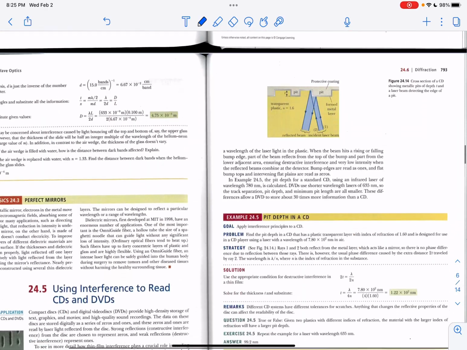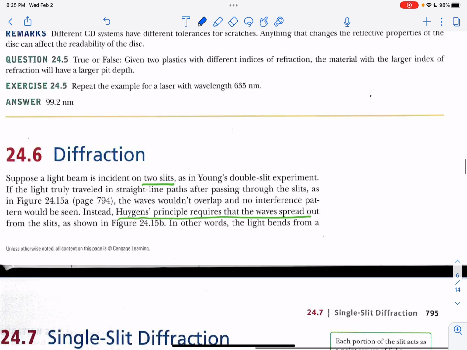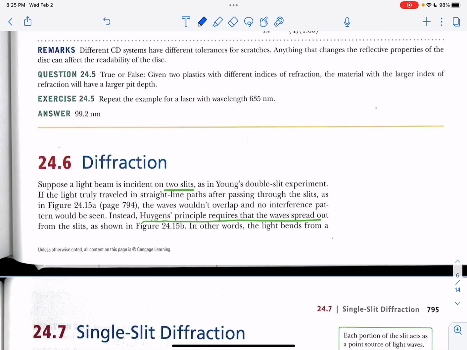Now, we're going to come all the way to section 24.6. And this time we're going to have two slits. We'll show you a picture in a minute.